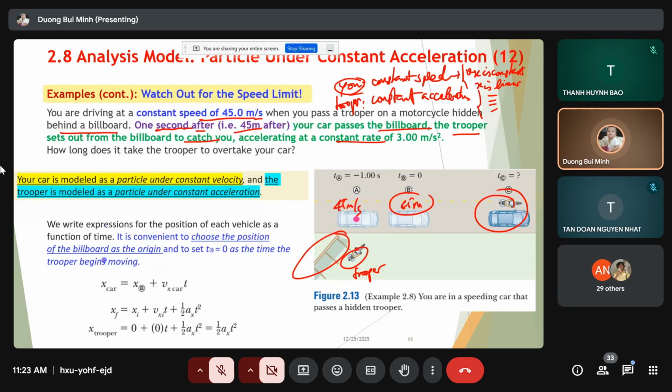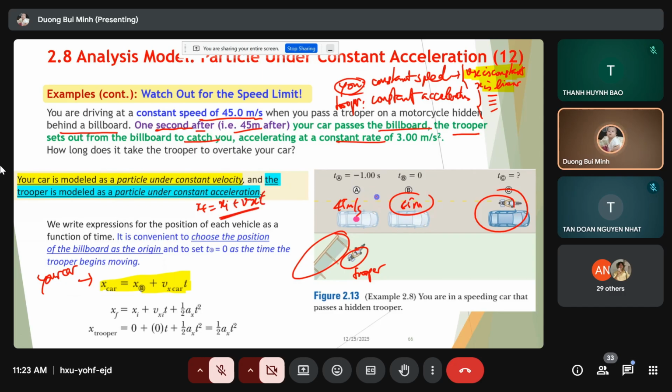So now we consider your car. We have vxa constant, so x is linear, so we have xf equals xi plus vx times t.